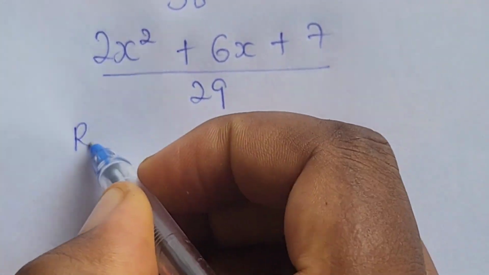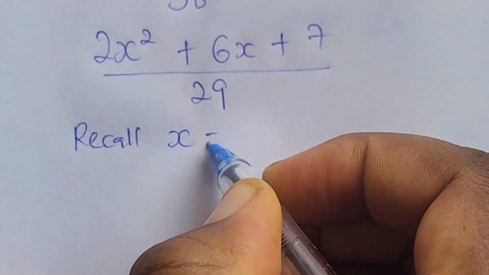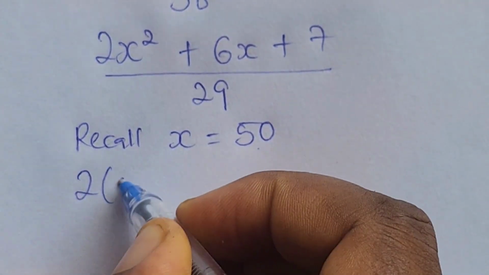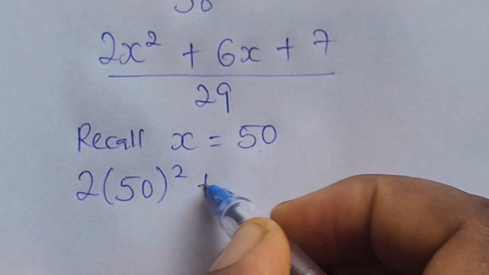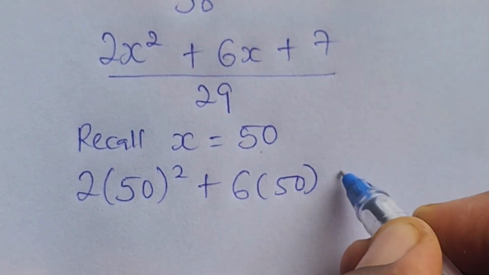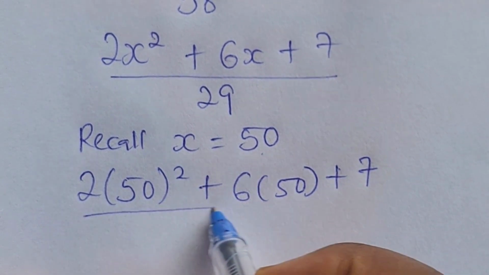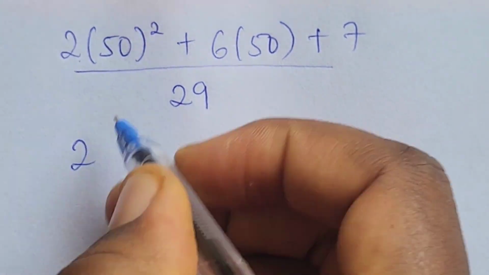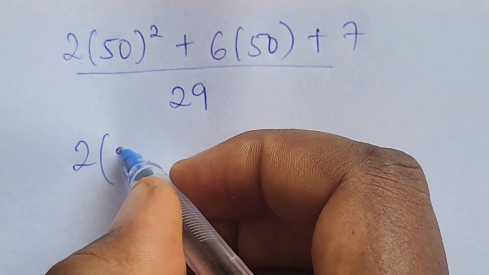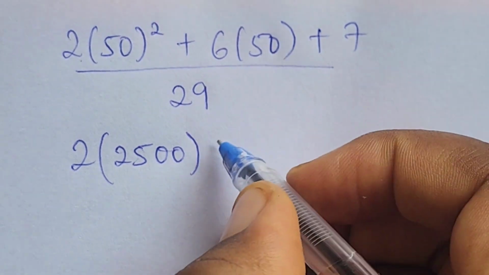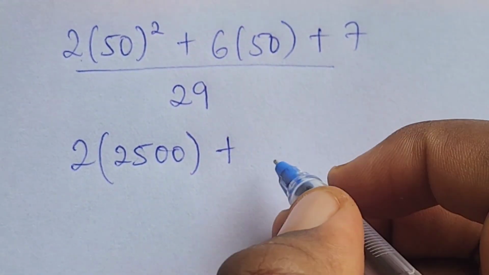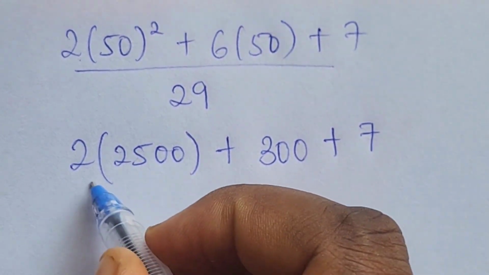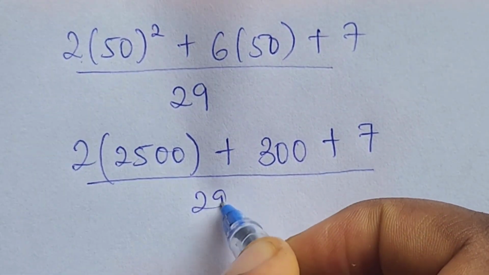So from here, let's recall that our x is equal to 50. So we'll be inputting the value of x here to have 2 times 50 all squared plus 6 times 50 plus 7 all over 29. So we have 50 to the power of 2, we have 2500, plus we have 6 times 50, we have 300, plus 7 all over 29.